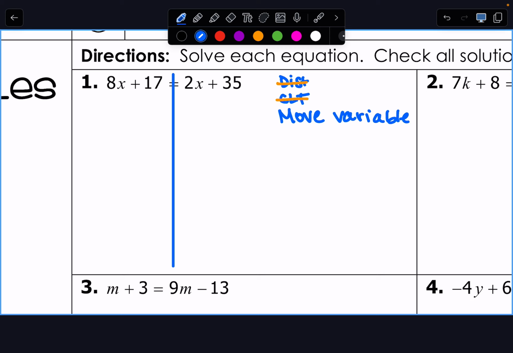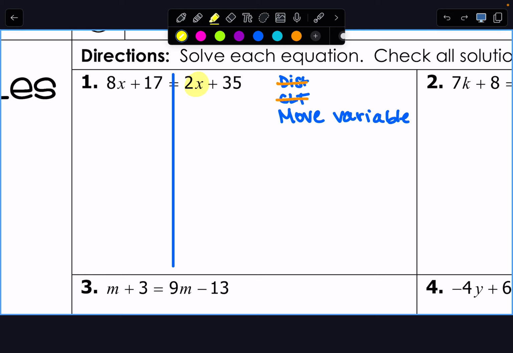There is a 2x here and an 8x here. And basically we need to decide which one to move to the other side. So I'm going to pick 2x. I want to move 2x to be on the left side of the fence. Anytime we move across the fence, we have to do those inverse operations.